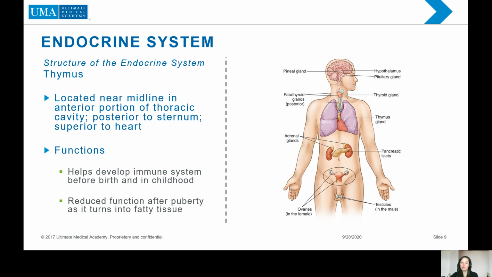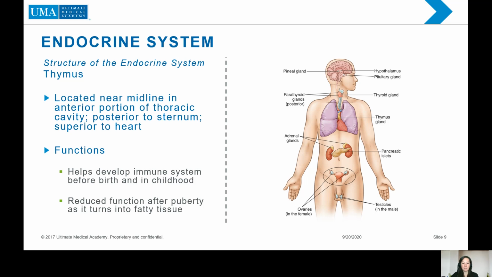You can see the label for thymus gland, and it's pointing to a tiny little gland that's going to be in the midline of your body in the anterior portion of your thoracic cavity, but posterior to your sternum and superior to your heart, right there in the middle of everything.